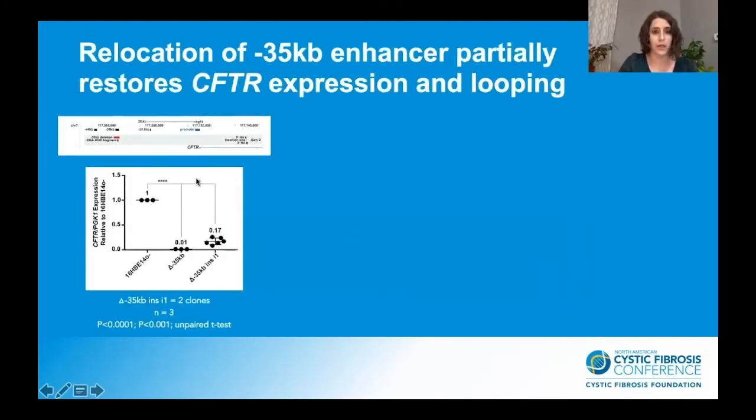When we generate these cells, the parental cell line, the delta 35, loses CFTR expression, but when we insert minus 35 into intron 1, we see a partial restoration of CFTR expression. This is an average of 2 independent clones, and we see about 17% of wild type expression of CFTR in these cells.